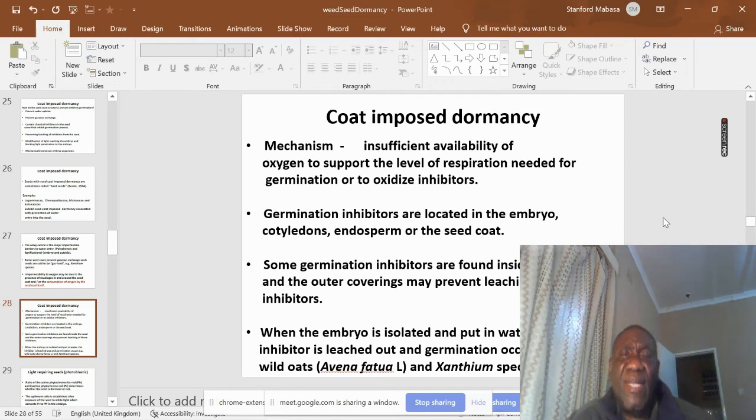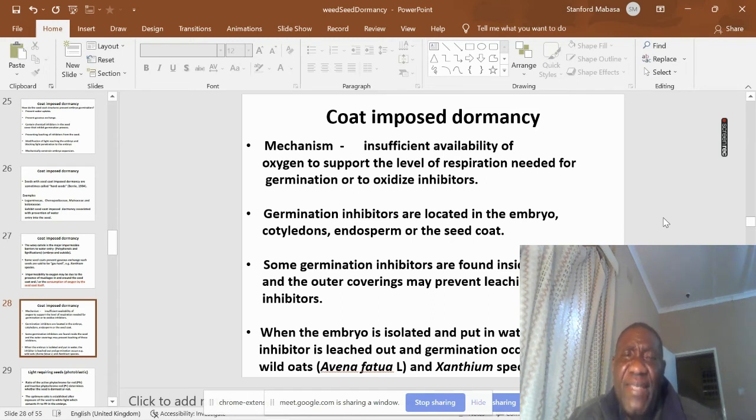So let us look at the mechanism of this coat imposed dormancy. Anyway, we are continuing with this explanation on coat imposed dormancy.